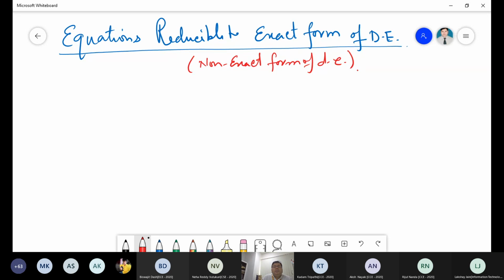So when you multiply the integrating factor with the non-exact equation, it becomes exact form, and then we can apply the method to solve it. Now see, before that I'm writing what an integrating factor is. Who will tell me how to define an integrating factor? Anyone can tell me? You have just listened to what an integrating factor is. Just to integrate, yeah.